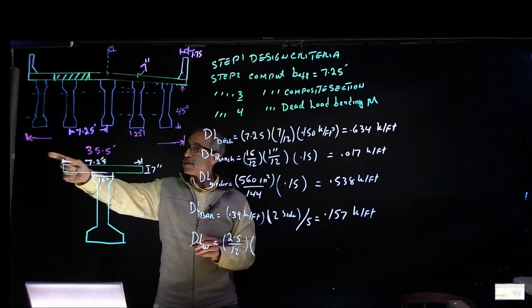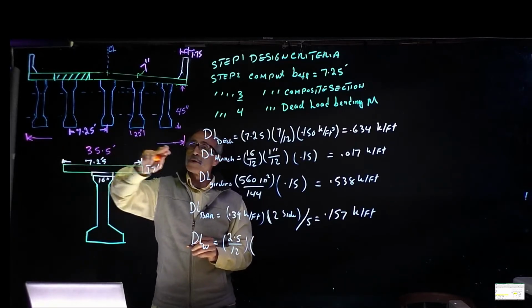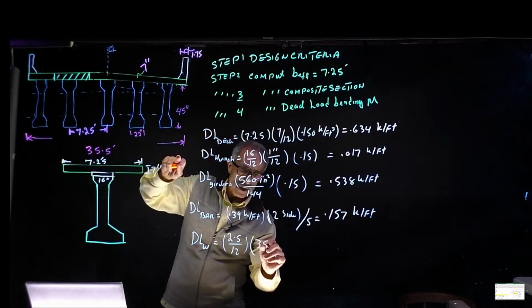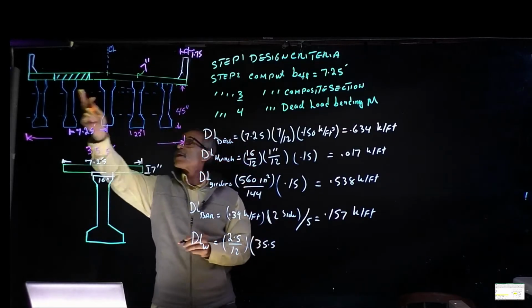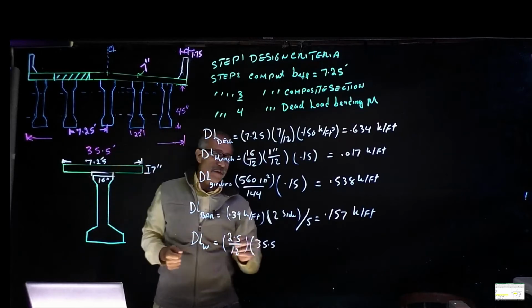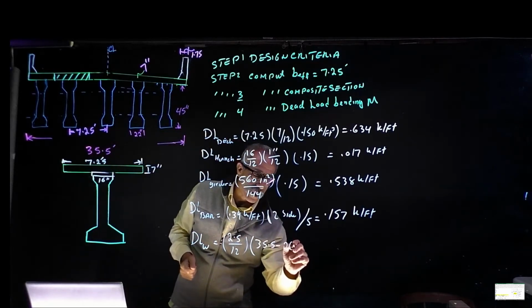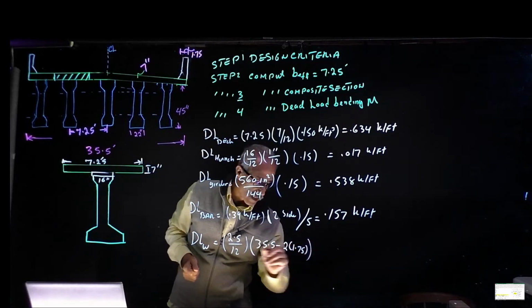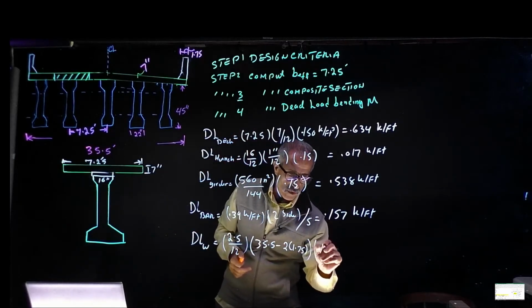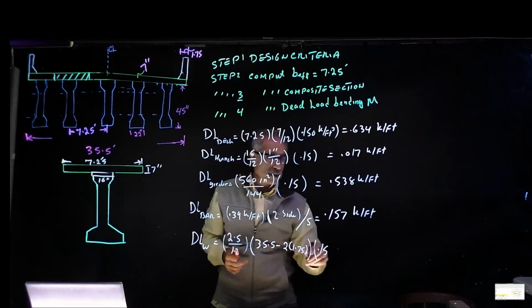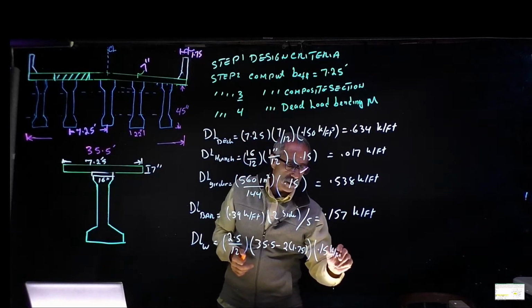This distance is 35.5 from one end to the other, and let's take out these from here to here, so it's 35.5 minus 2 times 1.75, and that should come out to, wait a minute, got to multiply by 0.15, 150 pound concrete, that's kip per cubic feet.